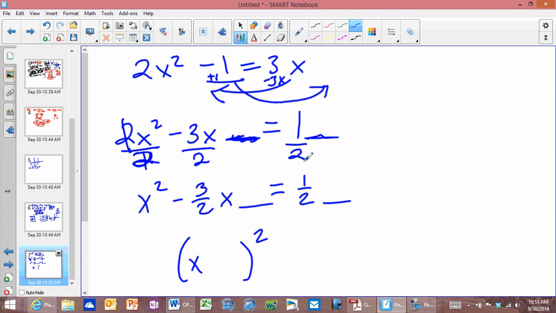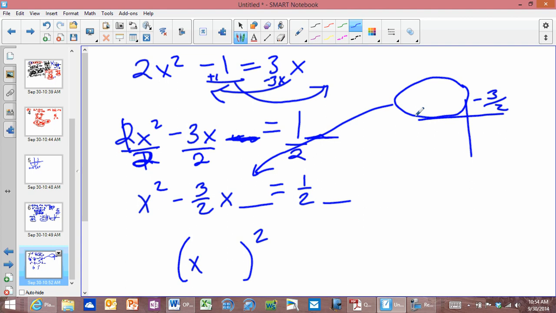And I can't do that right now. So I know, because this is my b, that I have to add to 3/2. Okay, I need to figure out what this number is. This number will get added to both sides because I can add anything to both sides. I can add 100 to both sides. It's not helpful, but I can do whatever I want to as long as I do it to both sides.